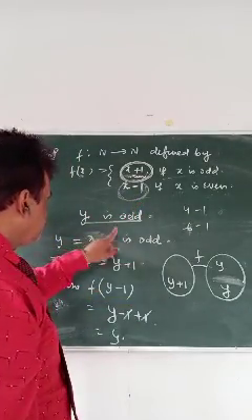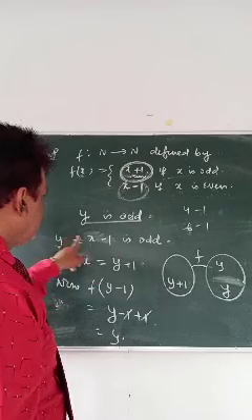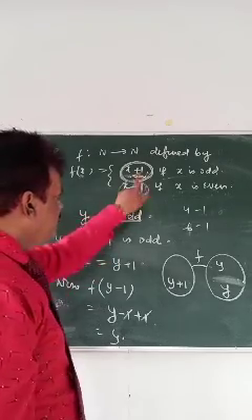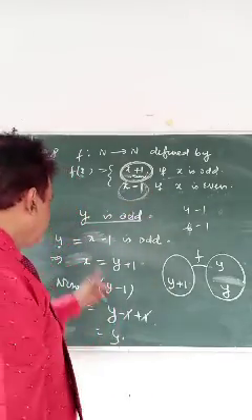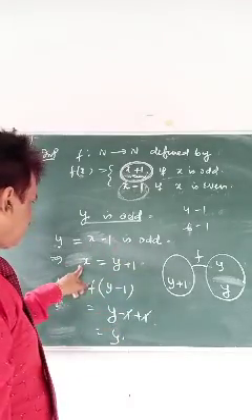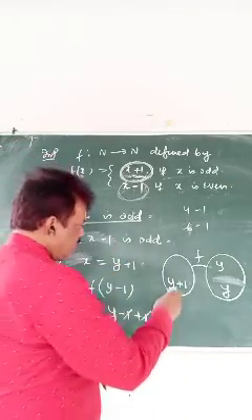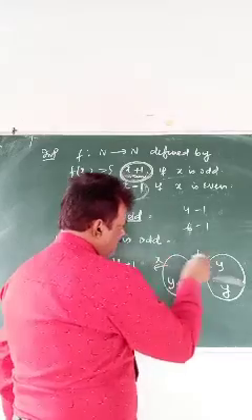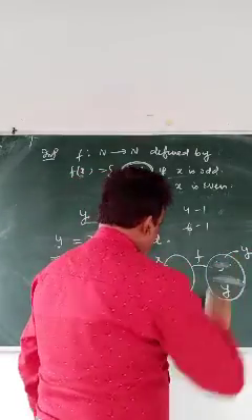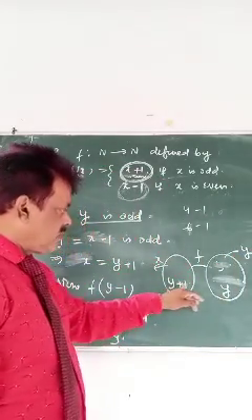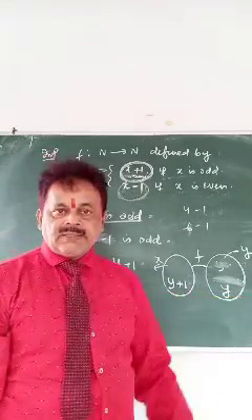So y will be in the form of x minus 1. Then only it will be odd. So x will be y plus 1. That means this is the place of x, this is the place of y. So for every y plus 1, there should be a y here.